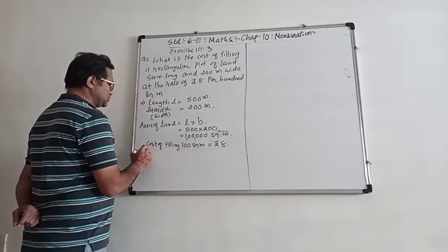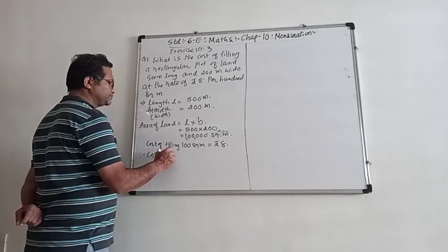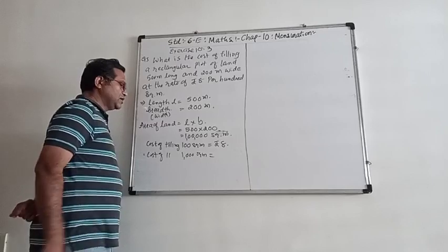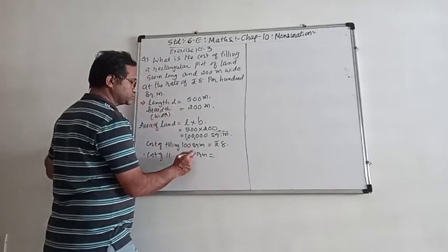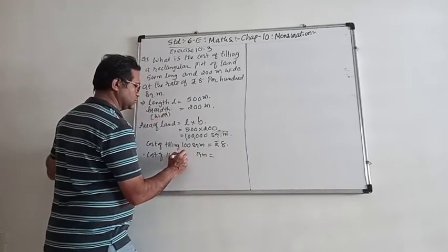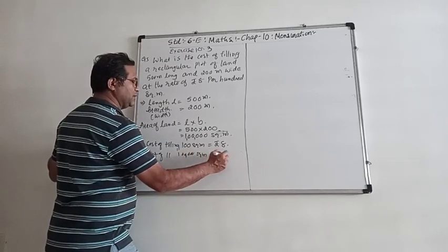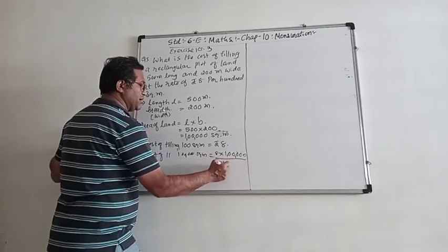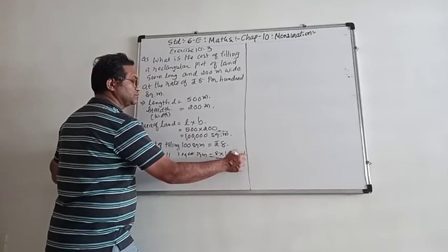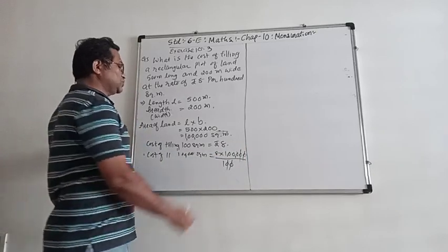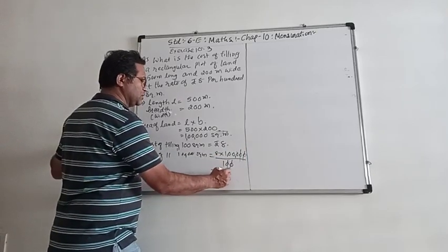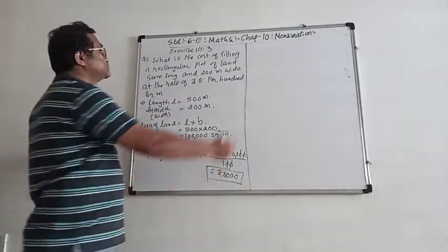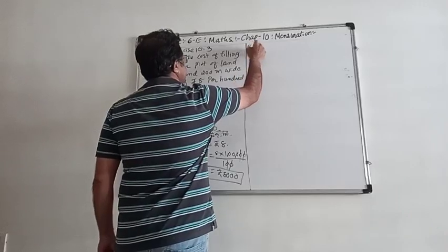It means that the cost of tilling 1 lakh square meter will be 8 multiplied by 1 lakh divided by 100. So that is rupees 8,000. So the cost will be rupees 8,000. Let's take question number 6.